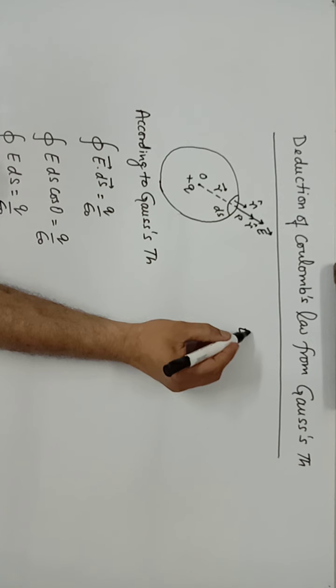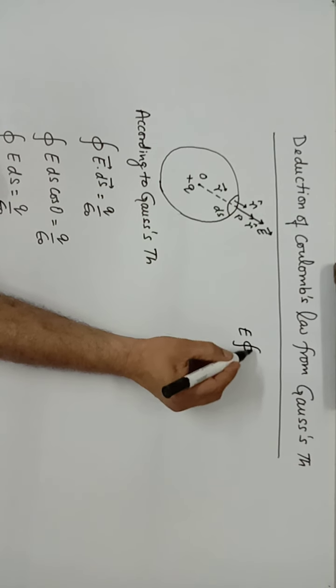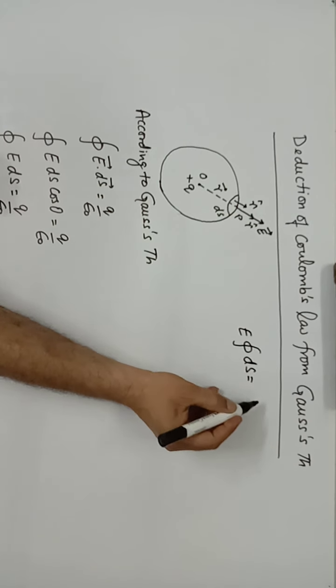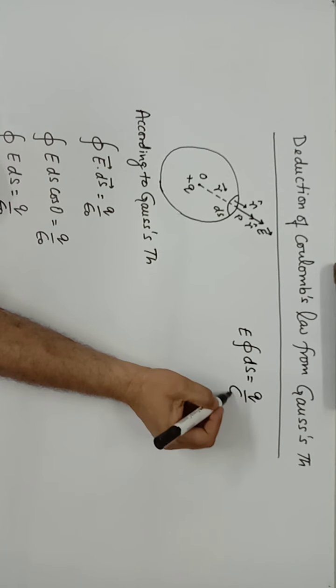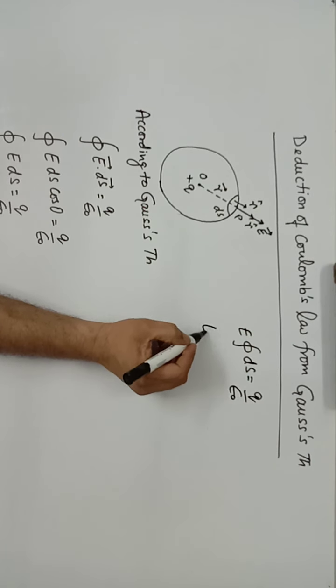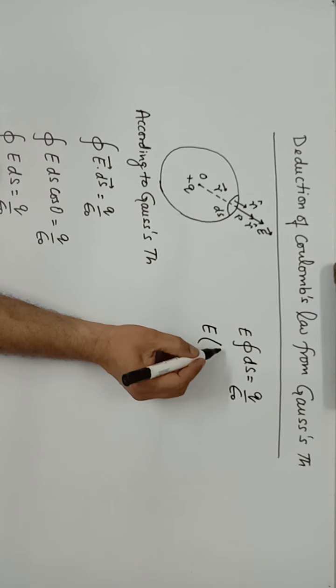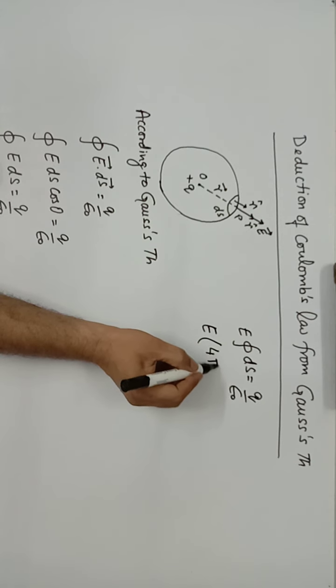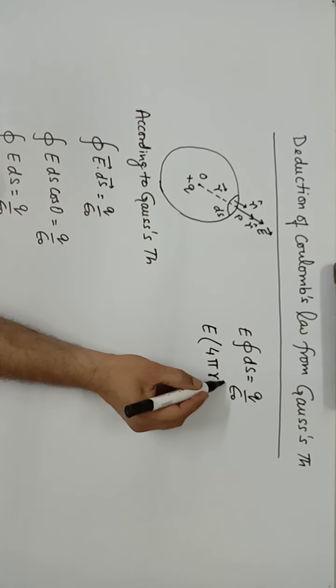E integral ds equals Q upon epsilon naught. This is 4 pi r square, the surface area of the spherical body.